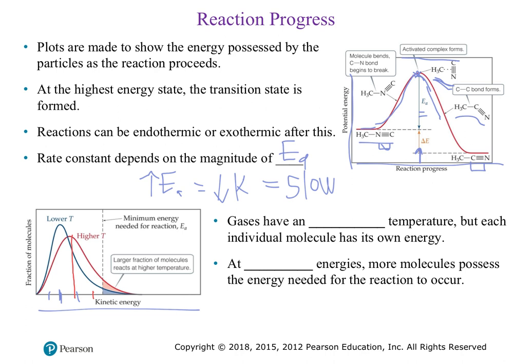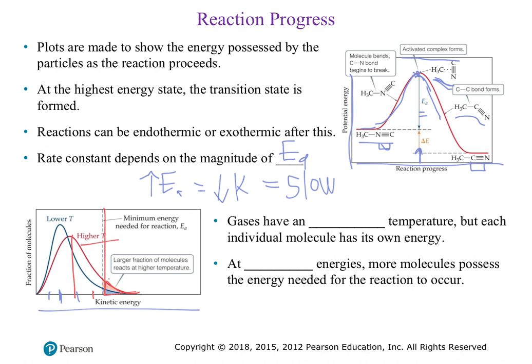So if we plot our kinetic energy like this and then put a line where our activation energy of our reaction is, anything above that line means that those molecules can react, can go over this transition state, and can form products. So when we're at higher temperatures, we have a bigger amount of molecules that are shaded above that line that are able to have that reaction happen.